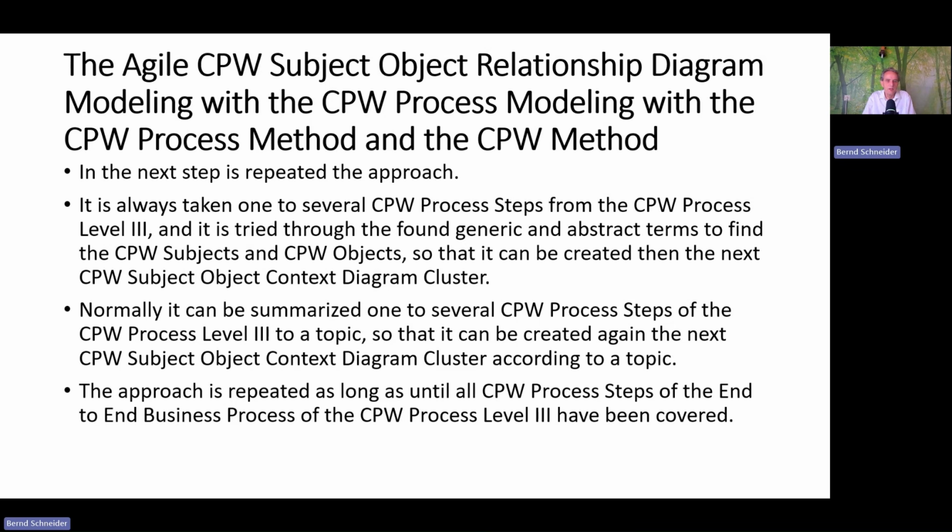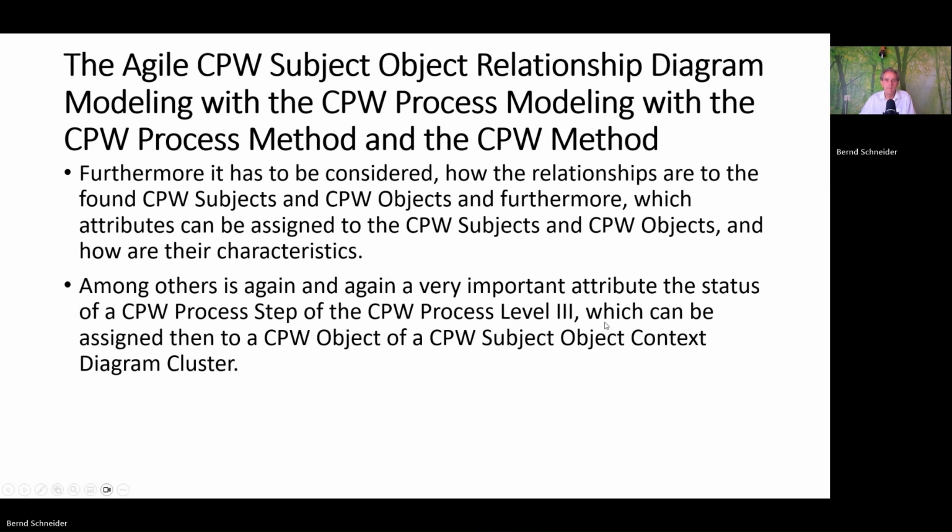The approach is repeated until all CPW process steps of the end-to-end business process of the CPW process level 3 have been covered. Furthermore, it has to be considered how the relationships are to the found CPW subjects and CPW objects, which attributes can be assigned to them, and how their characteristics are.